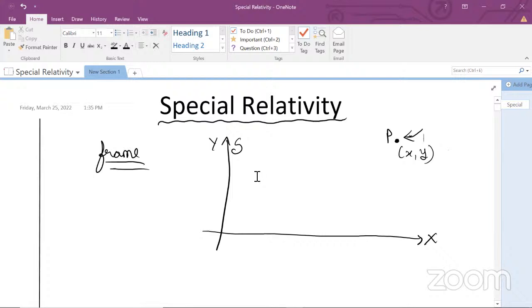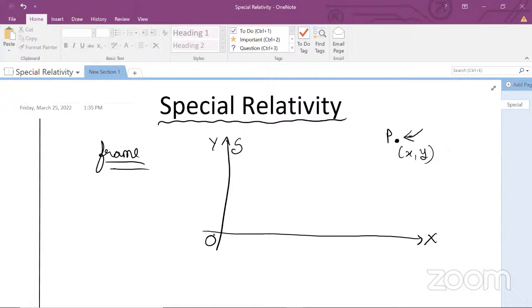Now this frame, we can also term to be an observer. So say I am present and this is my coordinate system. Then I can call this coordinate system an observer also. So who is an observer? An observer is a person who will measure something.